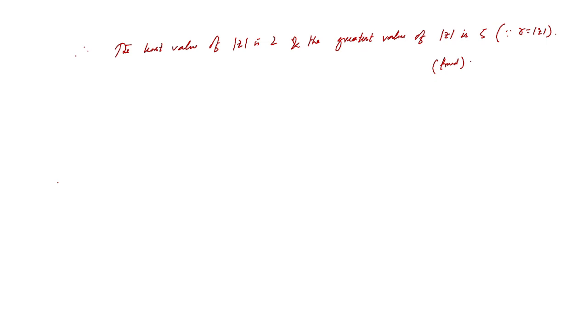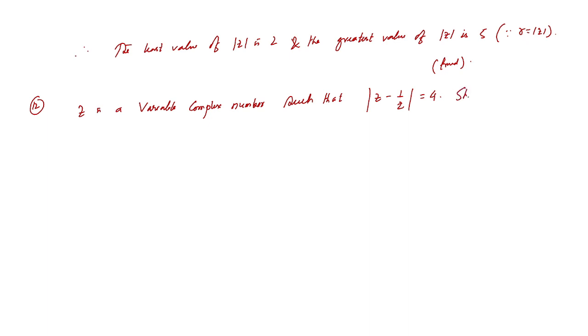Now the next question, question number 12, which is exactly given in the exercise. Z is a variable complex number such that mod of z minus 1 by z is equal to 4.